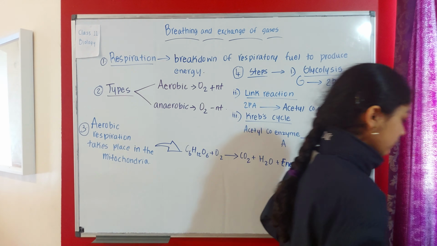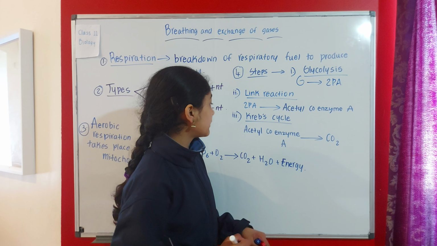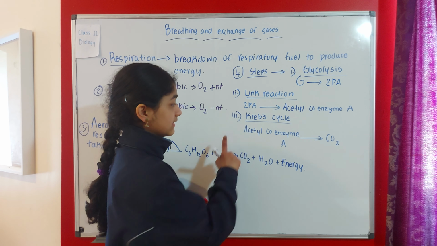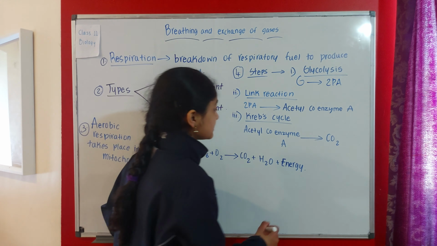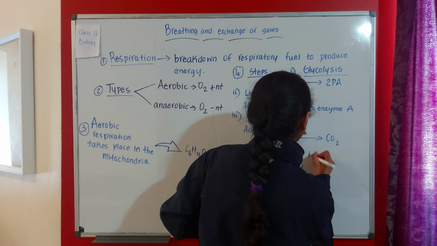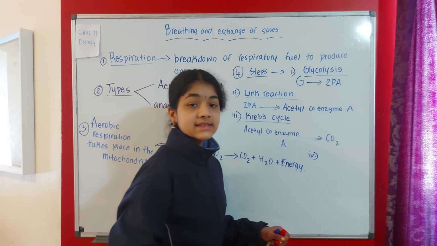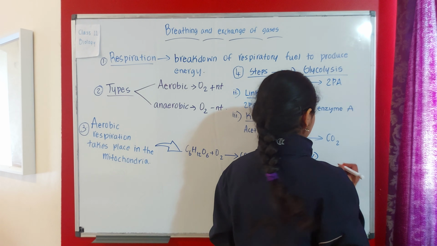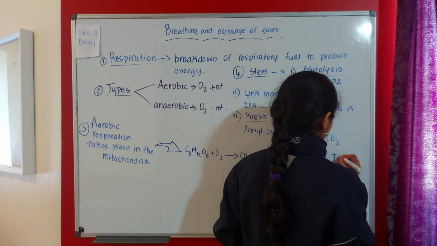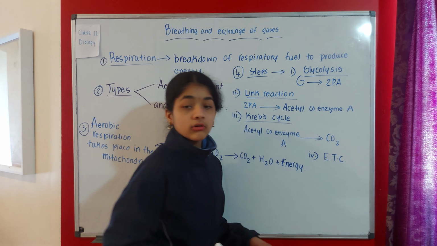So acetyl coenzyme A converts into carbon dioxide in the case of the Krebs cycle. The fourth step is called the electron transport chain, ETC.